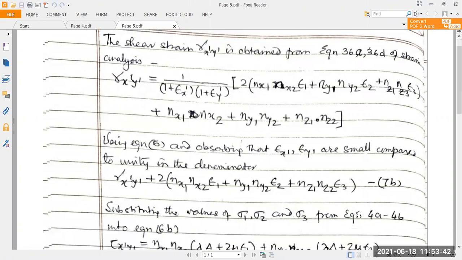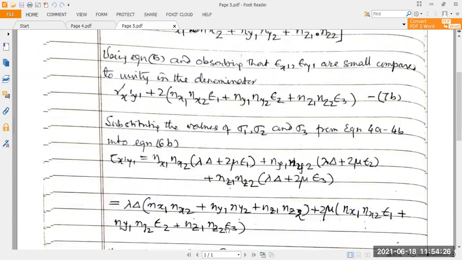Now if we substitute the values of epsilon 1, sigma 1, sigma 2, and sigma 3 from equations a, b, c, where sigma 1 is given by lambda into delta plus 2 mu epsilon 1, sigma 2 is lambda into delta plus 2 mu epsilon 2, and similarly lambda into delta plus 2 mu epsilon 3 here, we are replacing all the terms with these terms in the terms of e1, e2, and e3, which are nothing but the principal strains. So the equation becomes nx1 nx2 into mu into gamma, plus we put this value as epsilon itself.